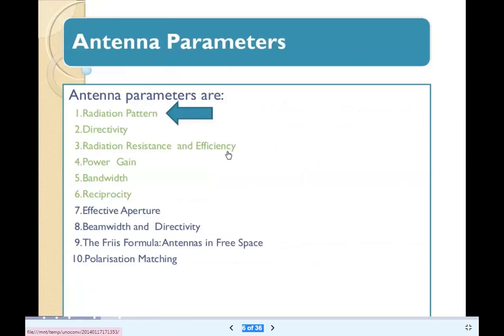Then the most important parameters related to antenna are radiation pattern, directivity of the antenna, radiation resistance and efficiency, power gain, bandwidth, and reciprocity.